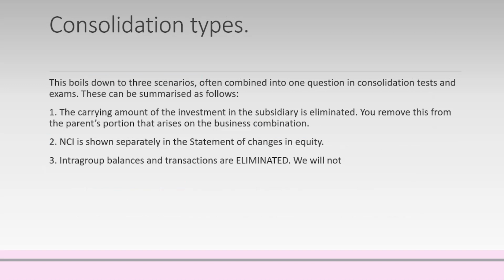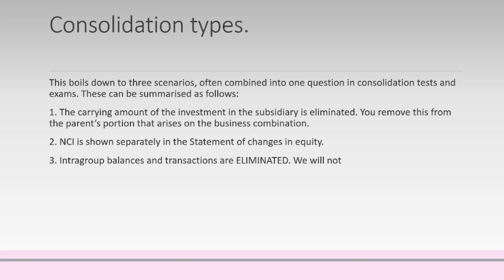So, as I said, the consolidation types effectively boil down to three scenarios. These scenarios will be combined into one question in your consolidation tests and exams. I don't even care what they're testing, but I know it's going to be combined into one thing. Firstly, it's the carrying amount of the investment in subsidiary that you always have to eliminate.